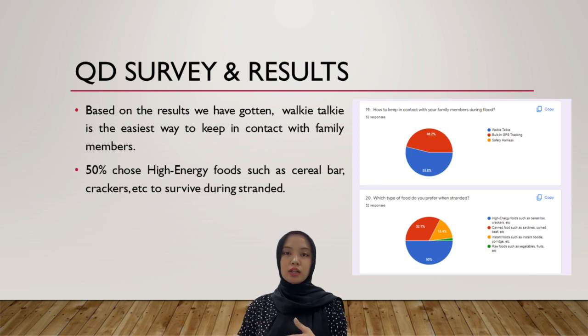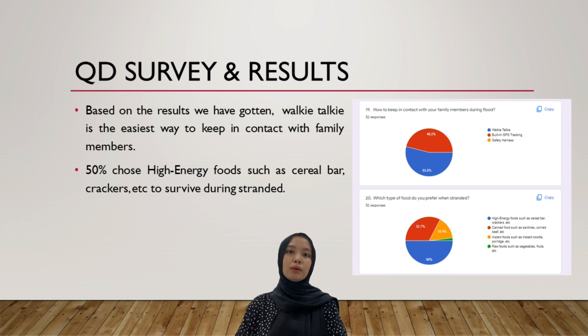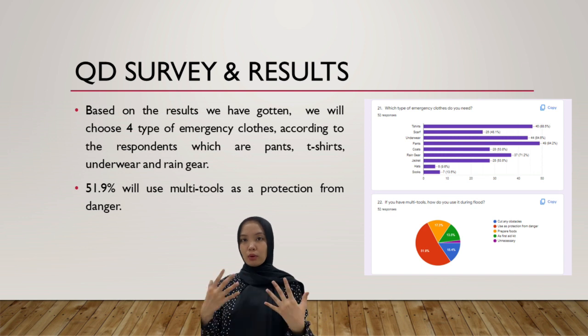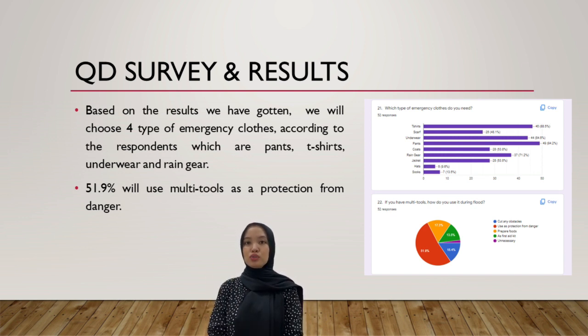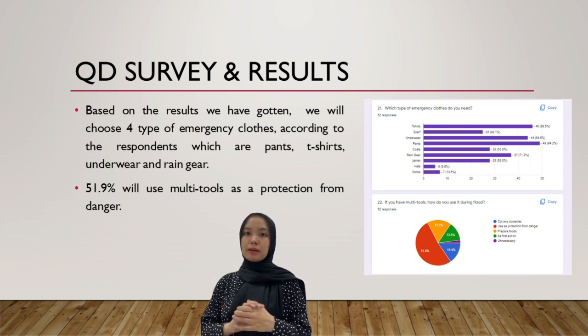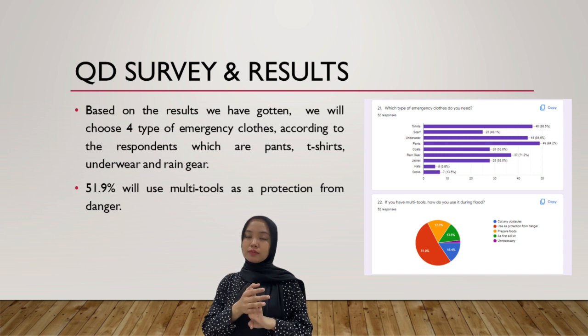For the next question, 50% chose high-energy food such as cereal bars and crackers to survive while stranded. For the question of which type of clothes are important, the respondents chose 4 types of emergency clothes, which are pants, t-shirts, underwear, and rain gear.